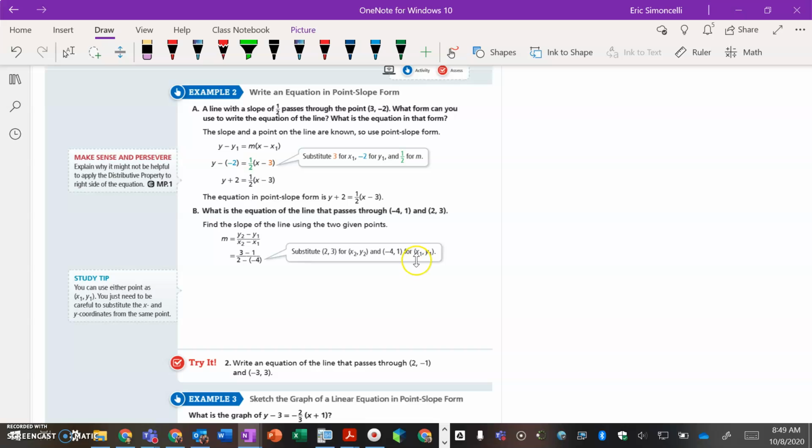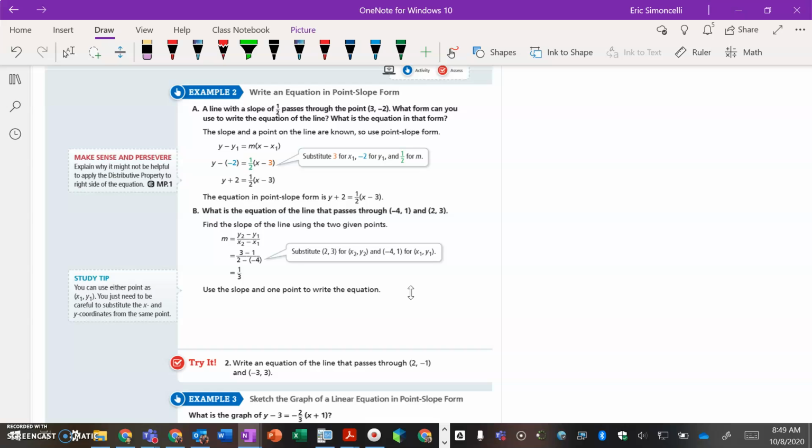And of course, in this case, 2 comma 3 is x2, y2, and negative 4, 1 is x1, y1. 3 minus 1 divided by 2 minus a negative 4. And the denominator particularly becomes a plus a positive 4, so we have 2 over 6, and you can see they've simplified it as 1 over 3.